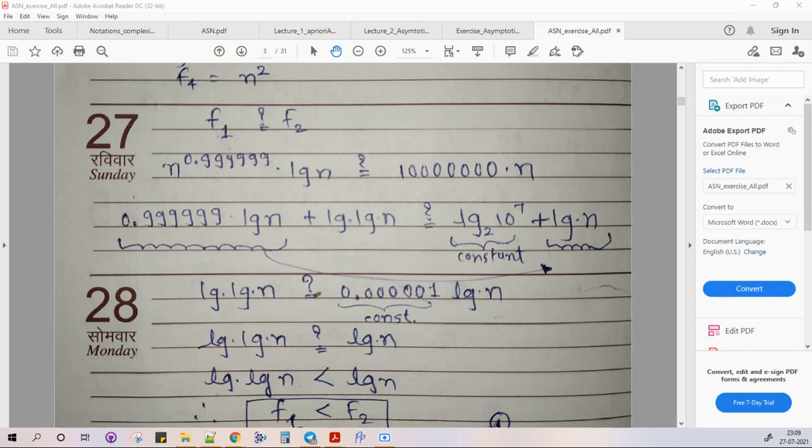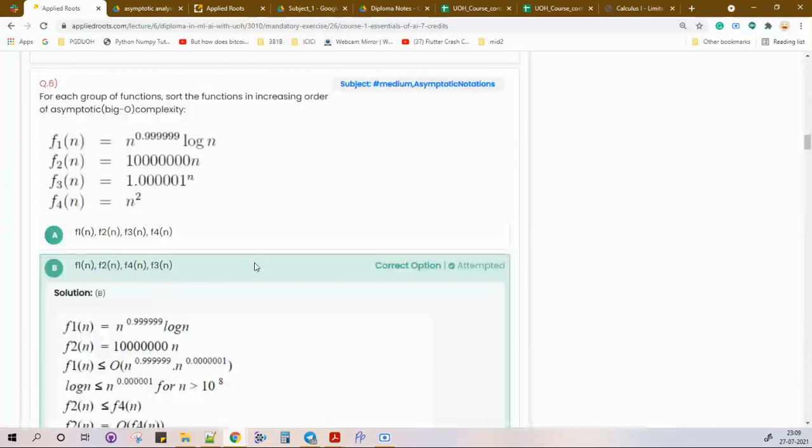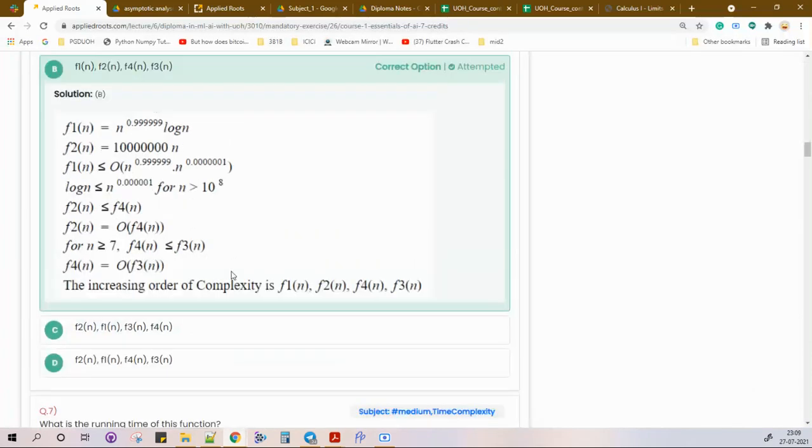Let's see the solution, like how they've solved it actually. F1 and F2, how they've compared. F1 is order of 0. What is this? F2 is less than F4. I'm not able to actually decode this.